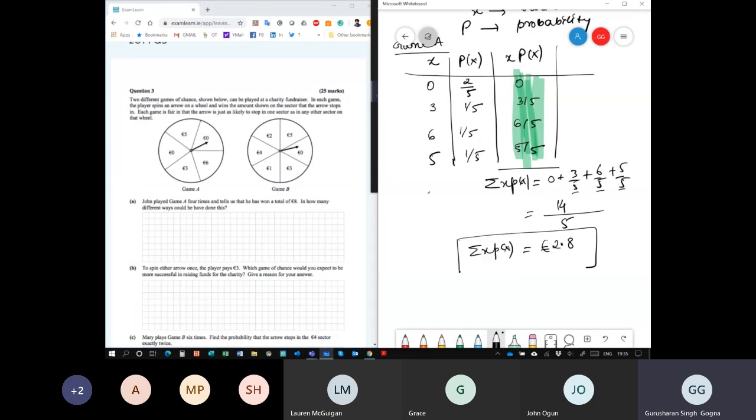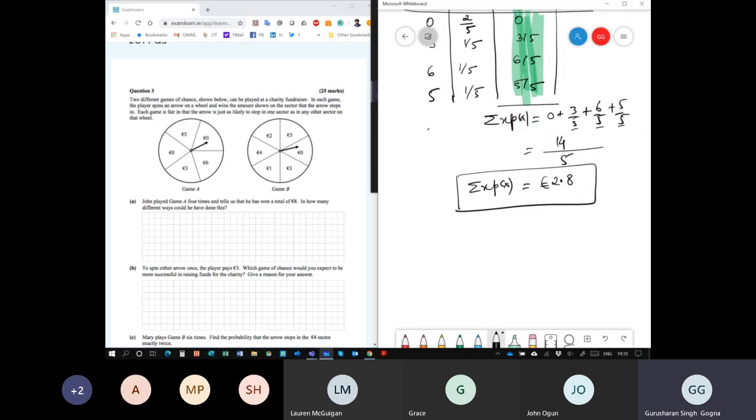So what is this expected value? This expected value tells you that if you play this game, you expect to win 2.8 euro. So you are in a loss actually, because you are asking people to pay 3 euro and they expect to win 2.8 euro, isn't it?